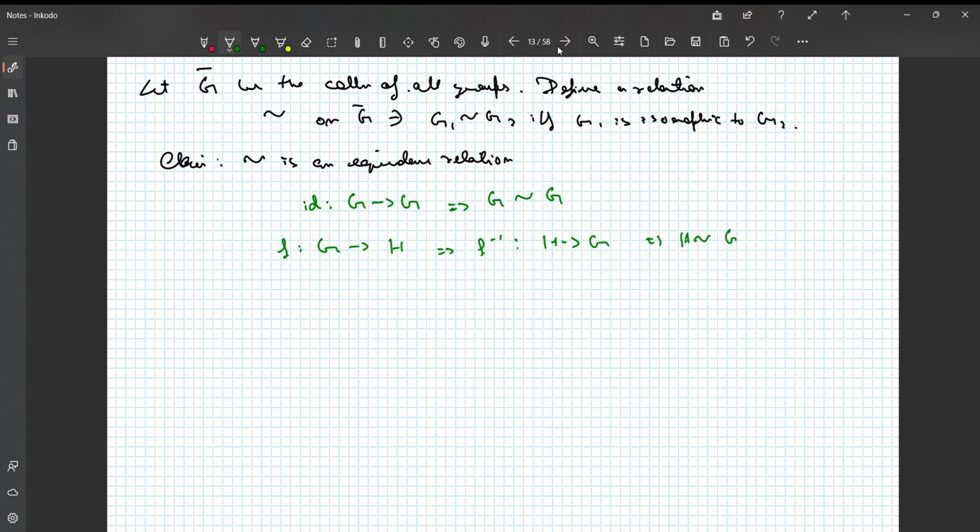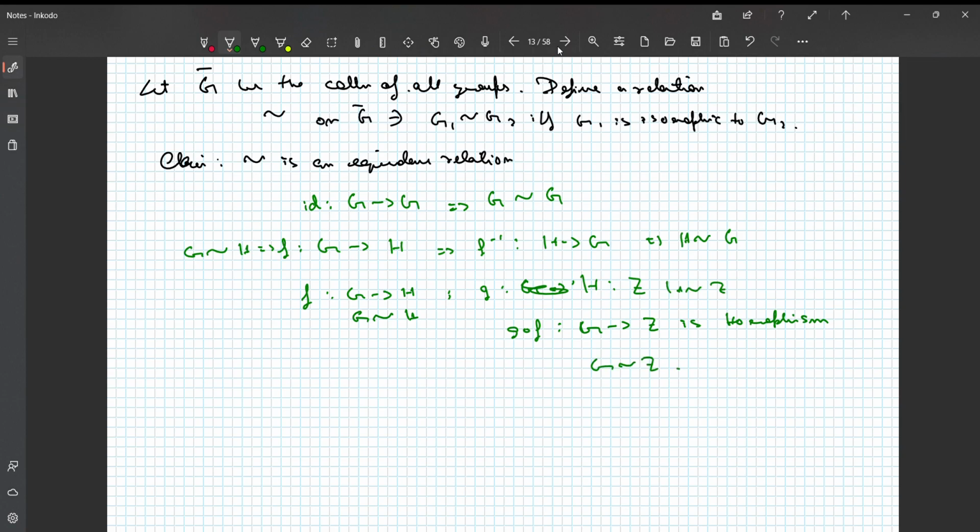So that means H is related to G. And again, if f from G to H is a bijective homomorphism and g from H to some Z is another homomorphism, then g composed with f, a mapping from G to Z, is again a homomorphism and bijective as well. So G related to H related to Z implies G related to Z. So it's transitive as well.